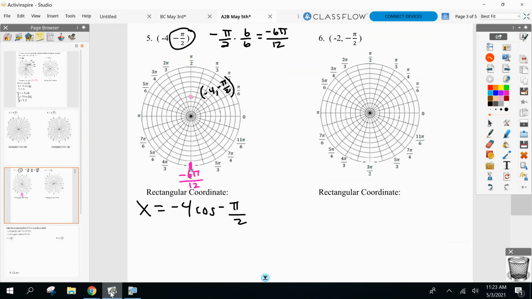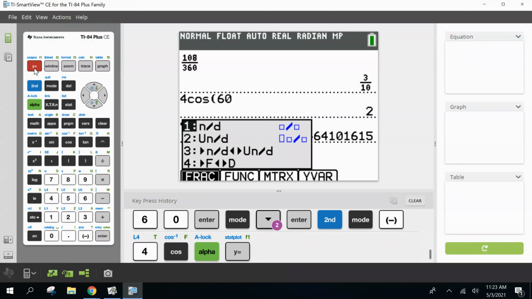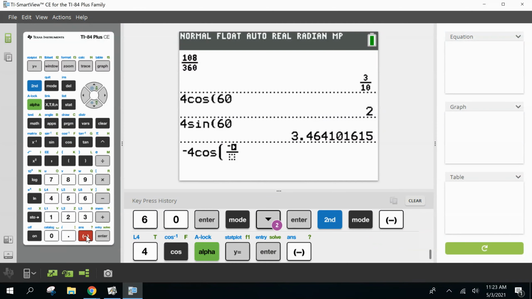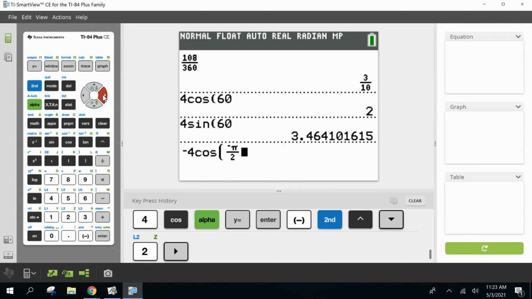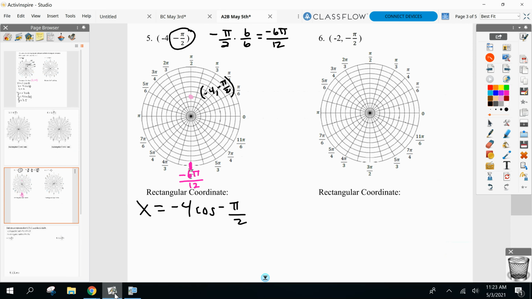What was it? Negative 4. Okay, so negative 4 cosine. Let's get a little fraction template up. Negative pi over 2. 0. Now substitute in sine for cosine to find your y coordinate. Only 2 formulas you got to come in remembering tomorrow.